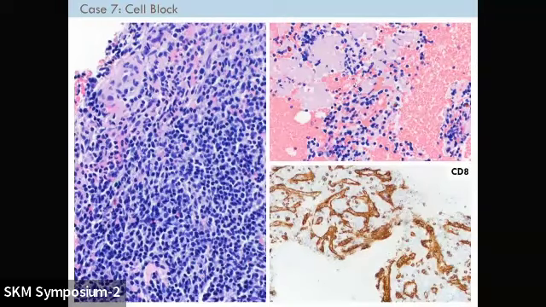And over here, you see areas of hemorrhage with a mixed population of inflammatory cells, although the dominant population is lymphocytes, but you can see a few eosinophils and a few neutrophils. However, the diagnosis was confirmed by using a CD8 stain, which highlights the cells that line these sinusoids. So this is an example of an intrapancreatic accessory spleen that can look just like lymph nodes. So be aware of this entity.